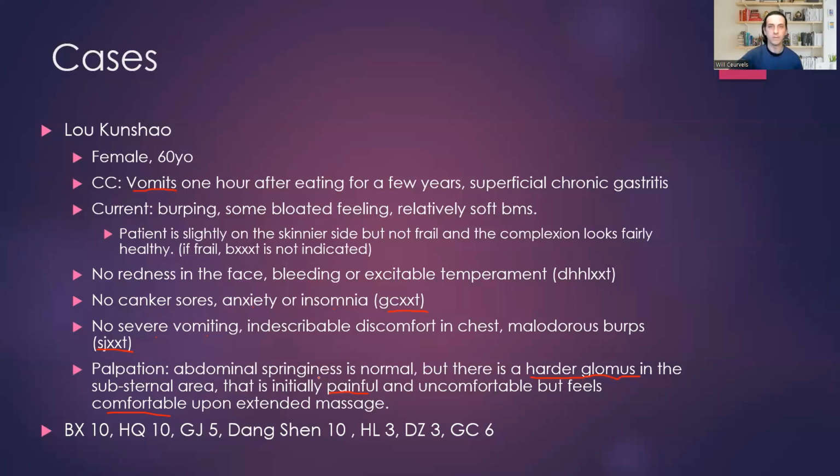So for this person, you can see that they have relatively soft BMs, which might be a sign of that coldness below. Then the other thing is that they have this pain a bit in the substernal area. Now, pain, of course, can be cold or heat. So it's actually not a very good indicator, but because this person has this chronic gastritis, maybe to a degree, you could argue that, okay, maybe this is a sign of heat.